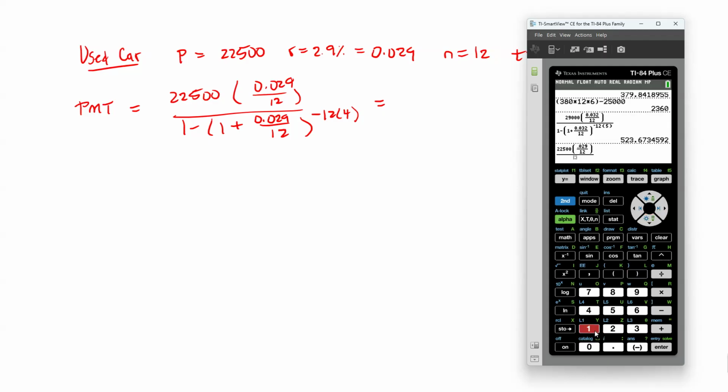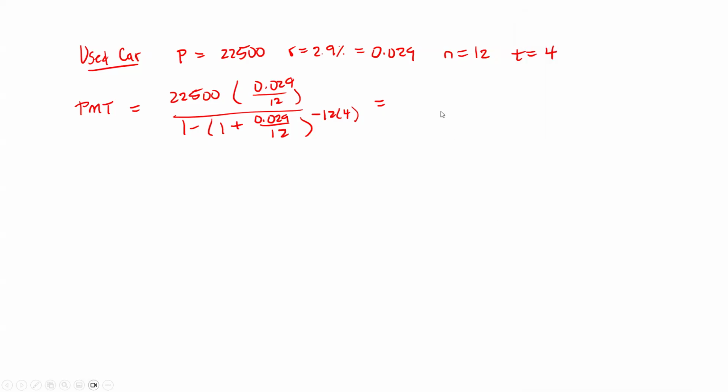Go to the denominator, 1 minus 1 plus 0.029 divided by 12 raised to the negative 12 times 4. All right, so our monthly payment here is $497.